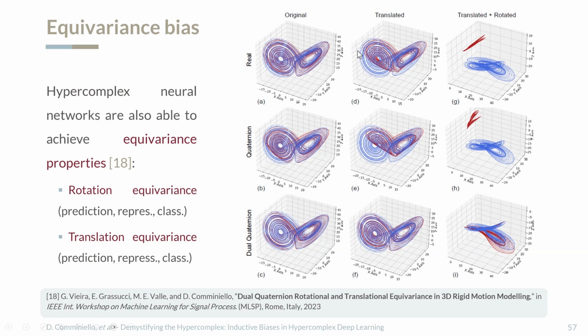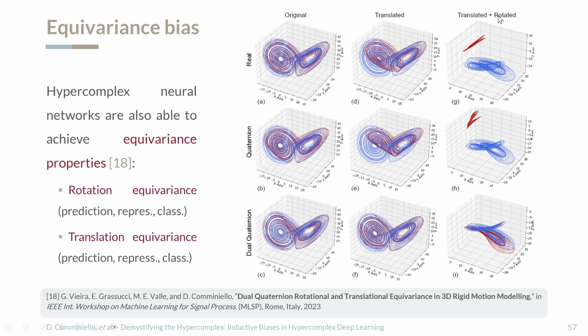While the original system may be easy to track, when it is translated, it is a little bit more difficult for a real method to track the translated system. The red lines are for the real value for the model.